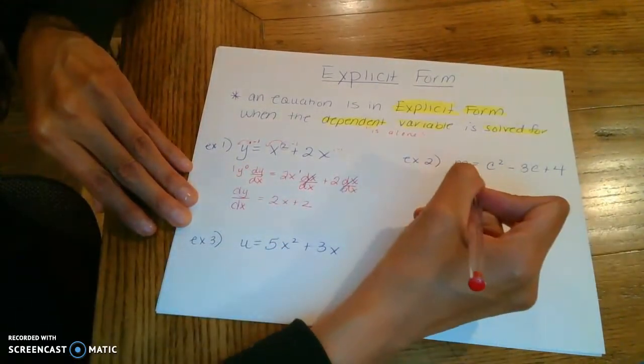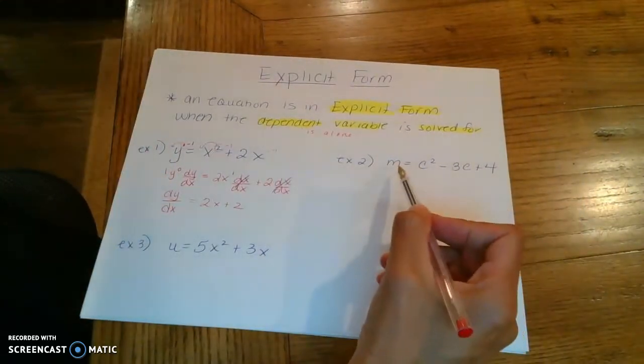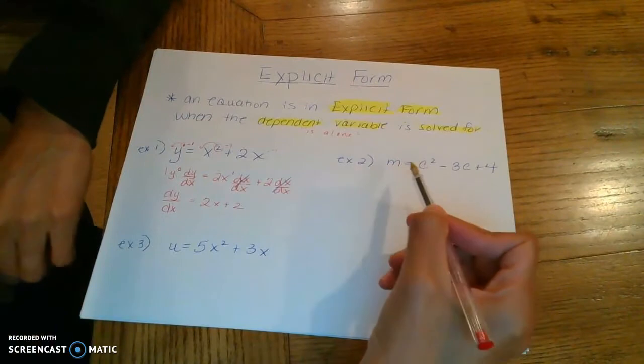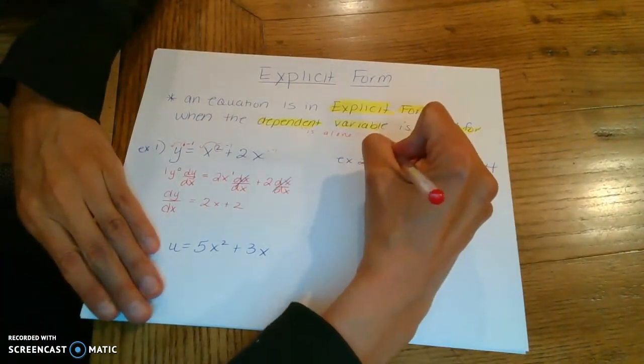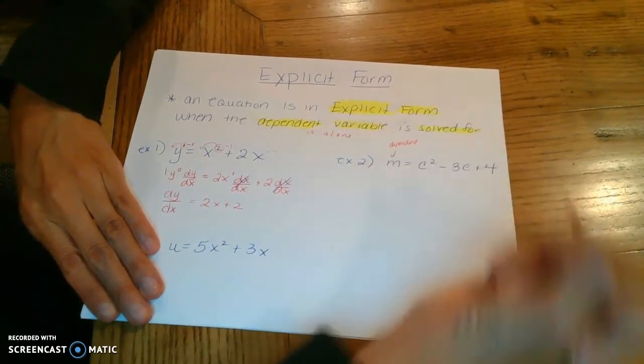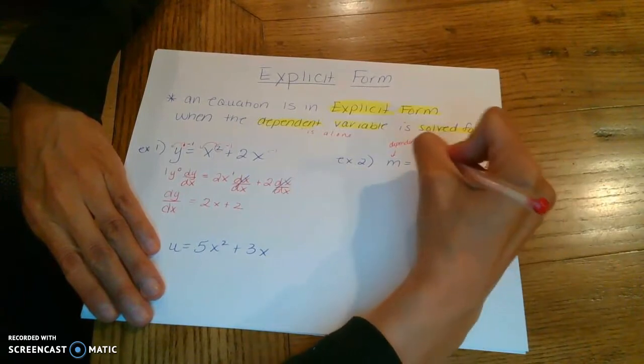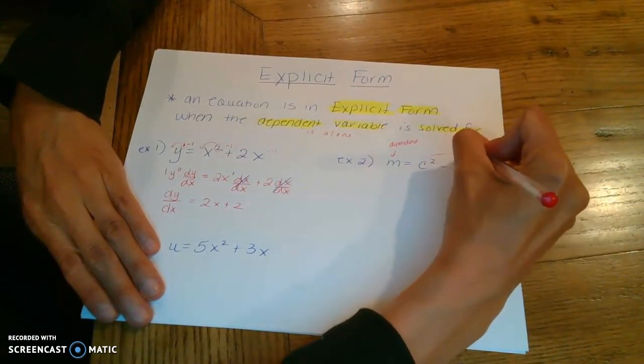So let's look at example number 2. If you see this and I'm telling you this equation's in explicit form, that makes m the dependent variable. I'm writing dependent there, and that makes c my independent variable.